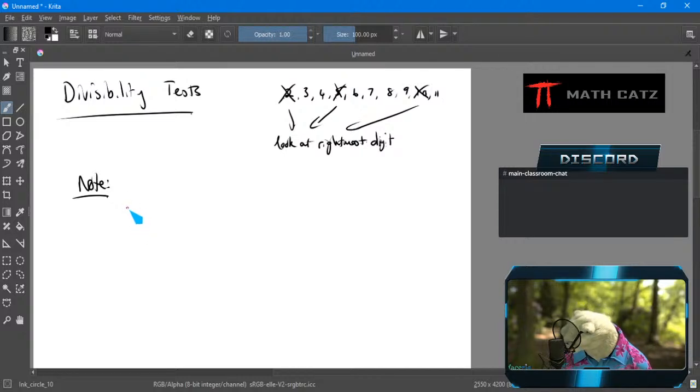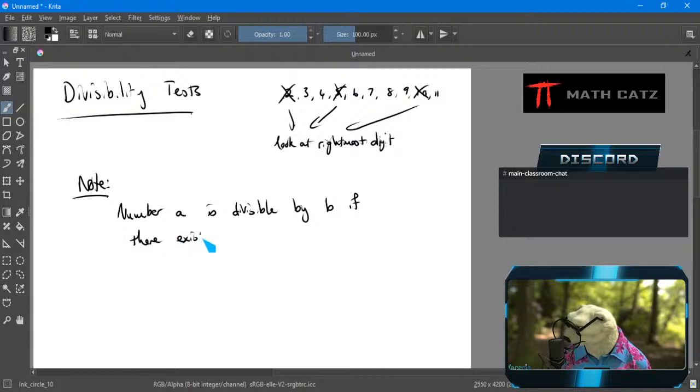Let me say here, number A, let's call it, is divisible by some number B if there exists a number we call Q, for quotient, such that I can write A as the quotient times the divisor plus 0.